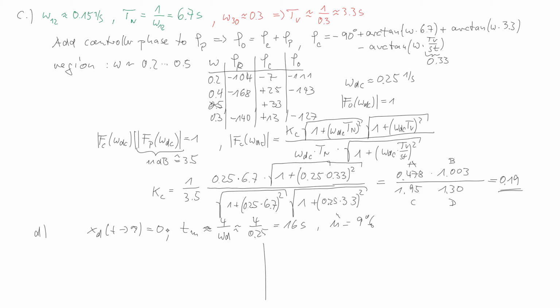So if we draw this curve, the reference step response of the PID control loop, then we can say the final value is now correct. It's 1. This time is 16 seconds, not really much faster. And here we have 9%.